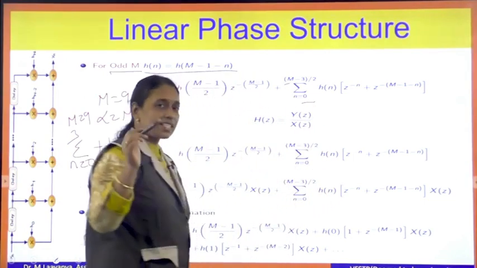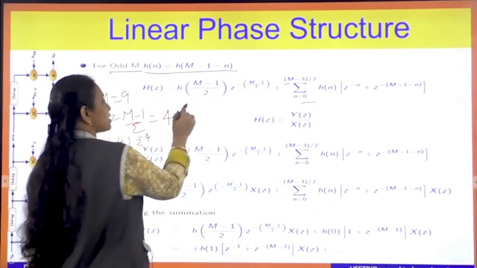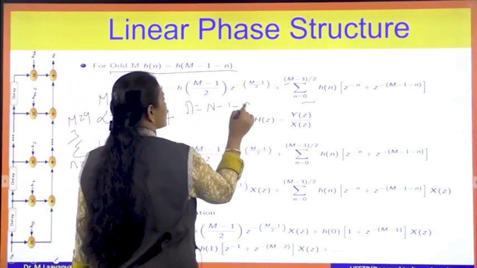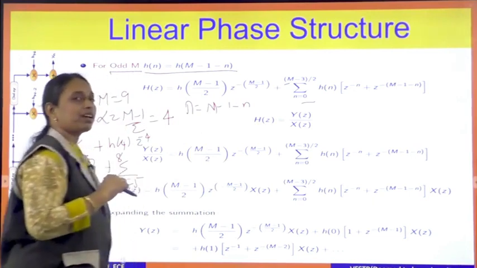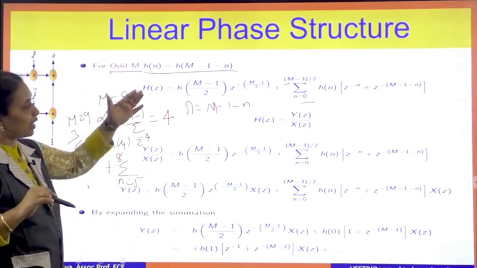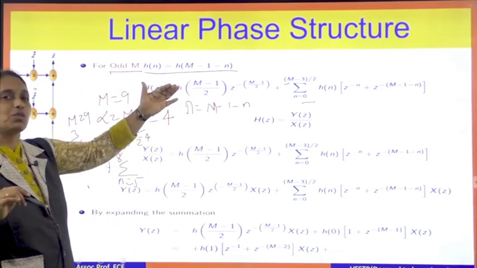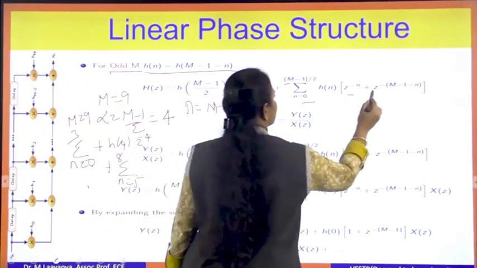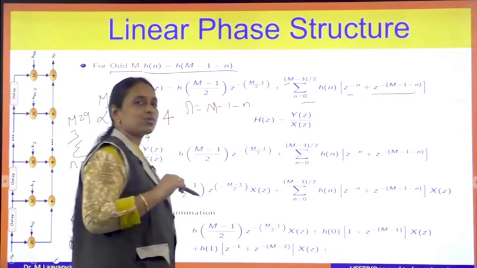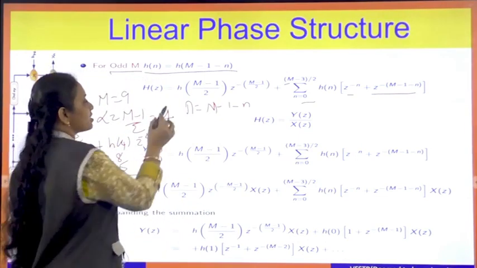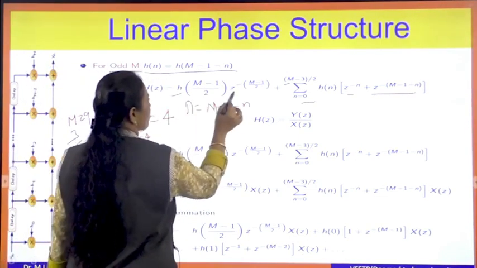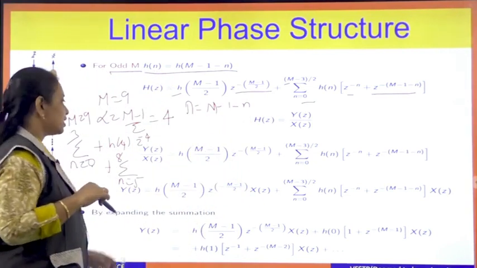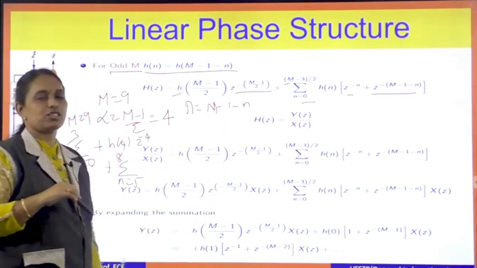In both the cases, as I told you earlier, you have to replace in the second summation n with m minus 1 minus n, and frame the limit from 0 to (m minus 3) by 2. So that I will have z power minus n and z power minus of (m minus 1 minus n). And this is my center of symmetry, which is h of (m minus 1) by 2 into z power minus (m minus 1) by 2, that is z power minus 4 and h of 4.